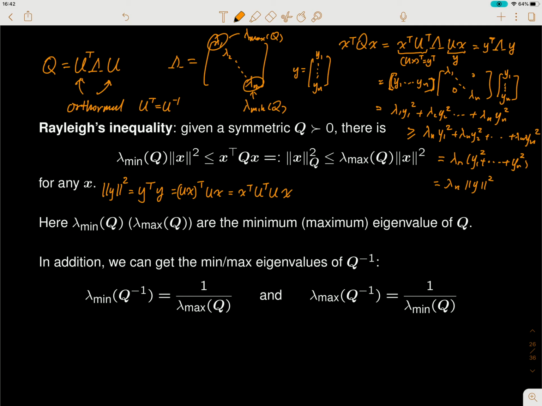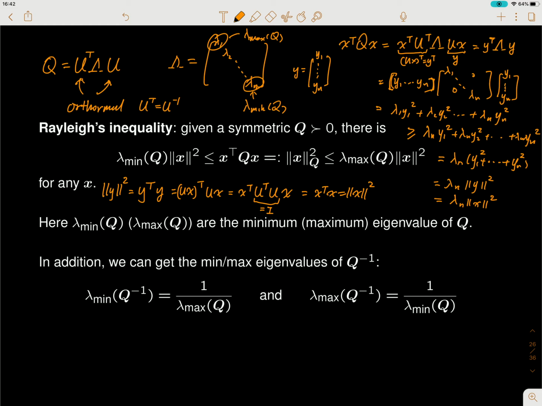But since U is orthonormal, U transpose U is just the identity. So this is just x transpose x, which is the x norm squared. That's why this is essentially just lambda n times the x norm squared.